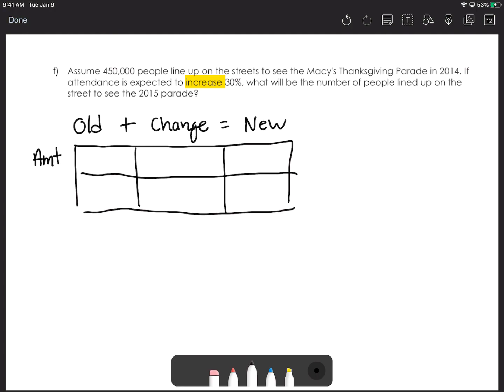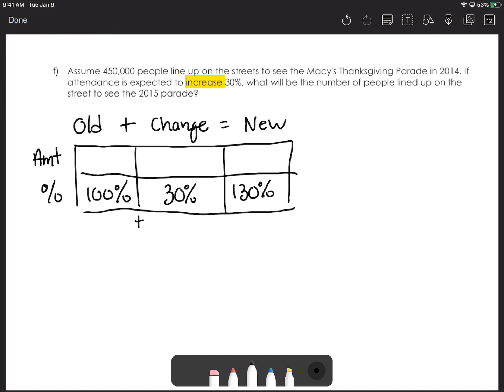This represents the amount, this represents the percentage. Now it says the amount that it changed in terms of percent was 30%. I know that the old value always represents 100% of the original amount. So because this is an addition, I'm going to get 130% for the new value.